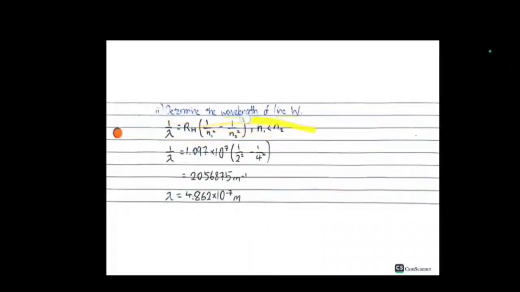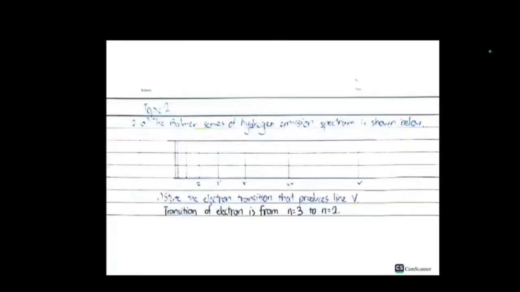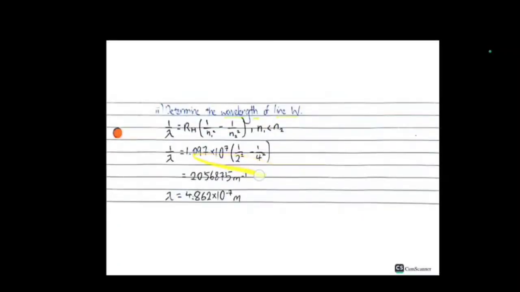Determine the wavelength of line W. We know that line W is the second line of the Balmer series, so the electrons that produce line W fall from the energy level 4 to the energy level 2.